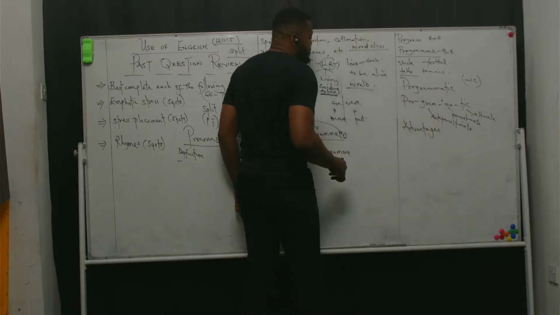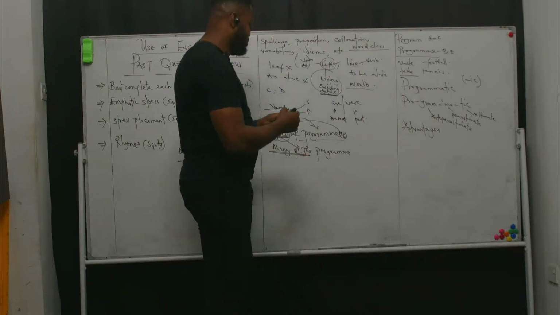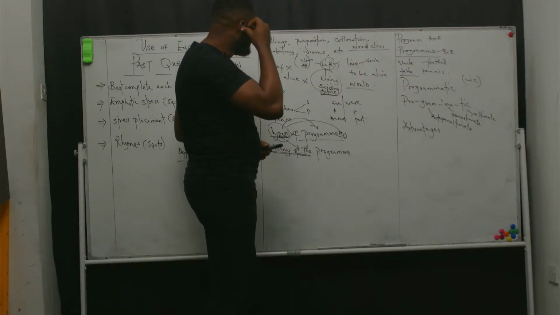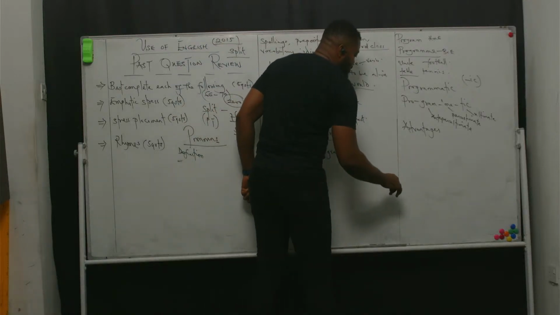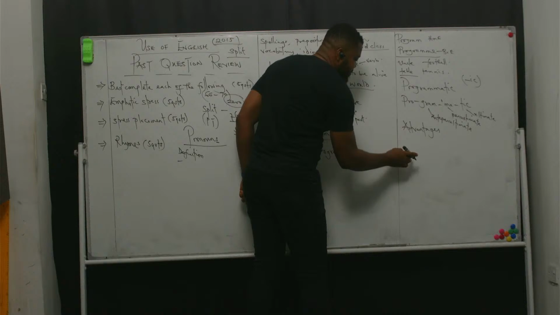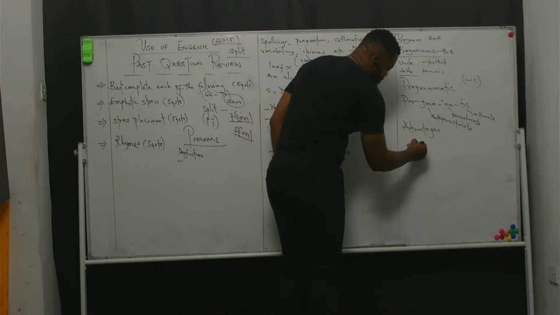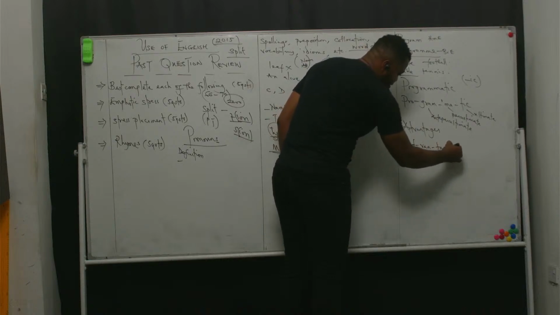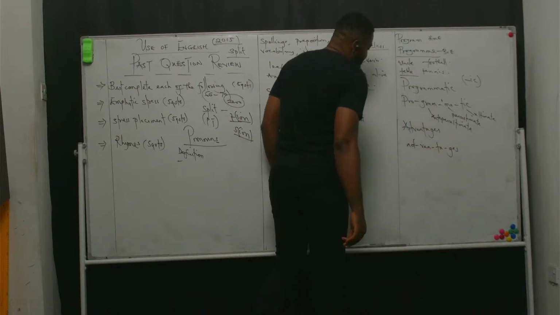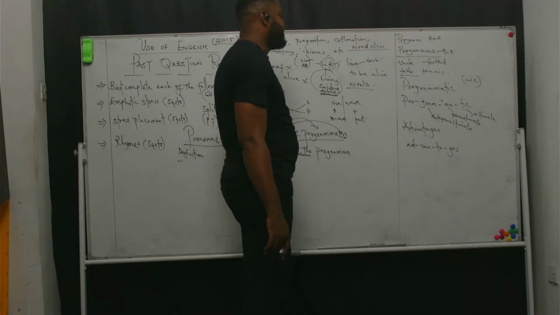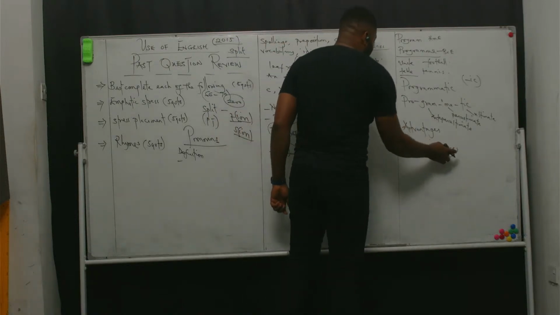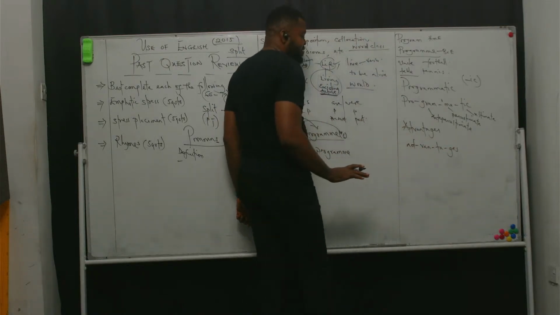Okay. Now, so you have advantages. Here you have 1, 2, 3, 4 syllables.